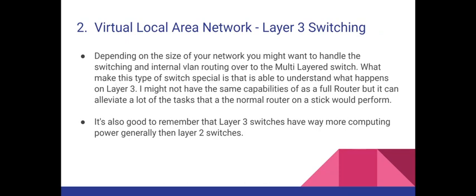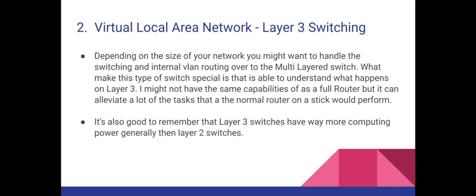Sometimes just having one switch or a few switches is not enough, and these routers sometimes are not sufficient, and that's where we're going to deploy layer 3 switching. Layer 3 switching basically does the same as the router on a stick does, but has more processing power and is able to route the traffic quicker over the network.